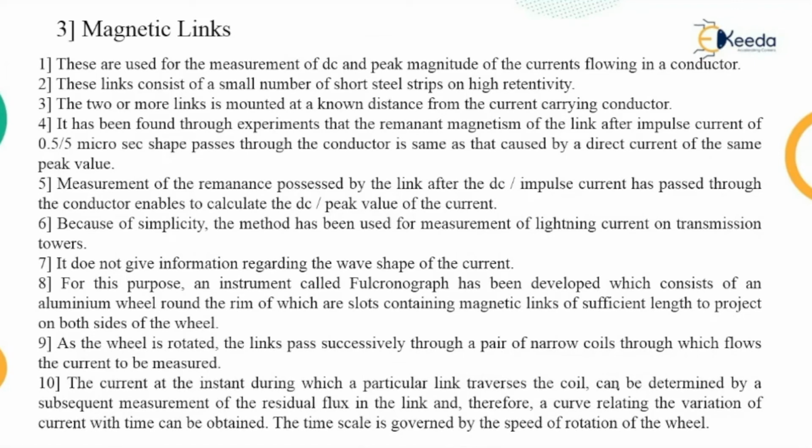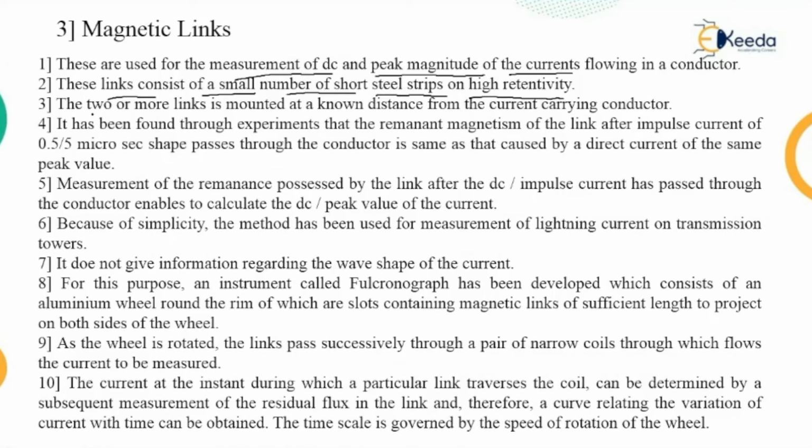These are used for the measurement of DC, and also for peak magnitude of currents, which pass through a respective conductor. These links consist of a small number of short steel strips of high retentivity.